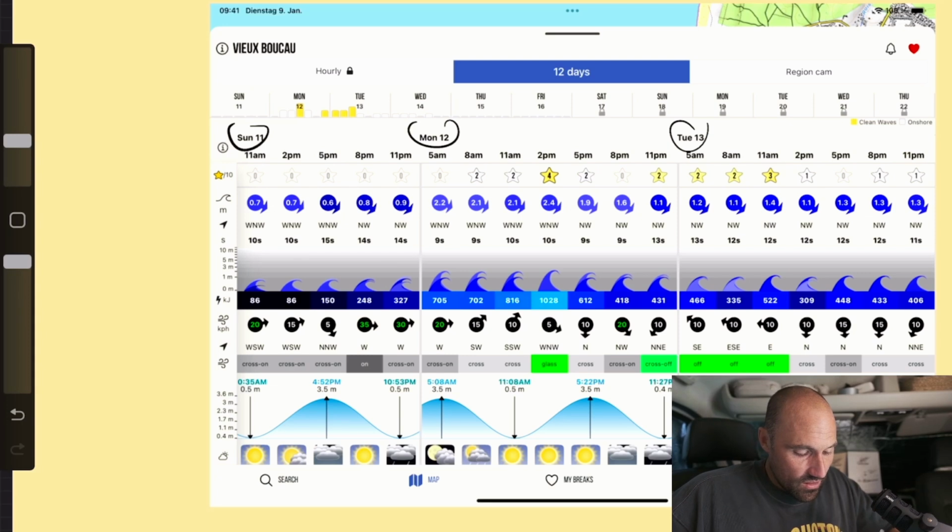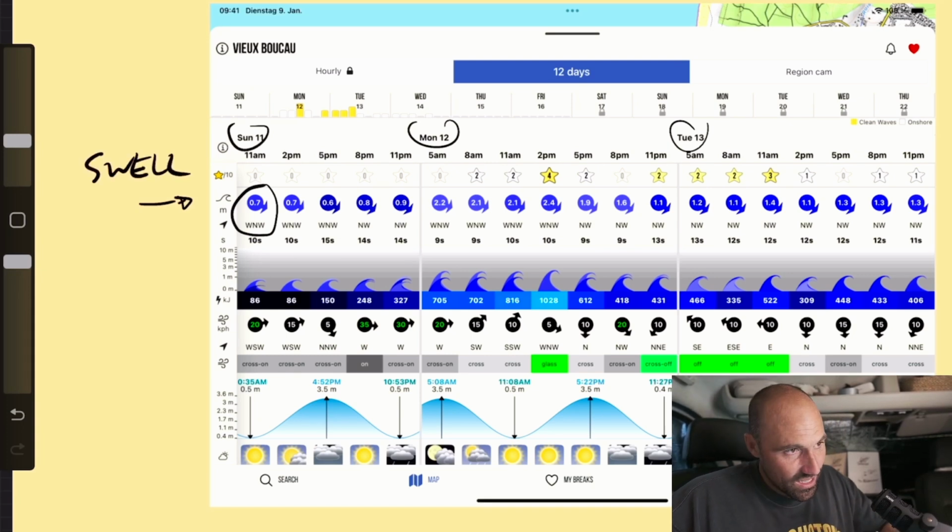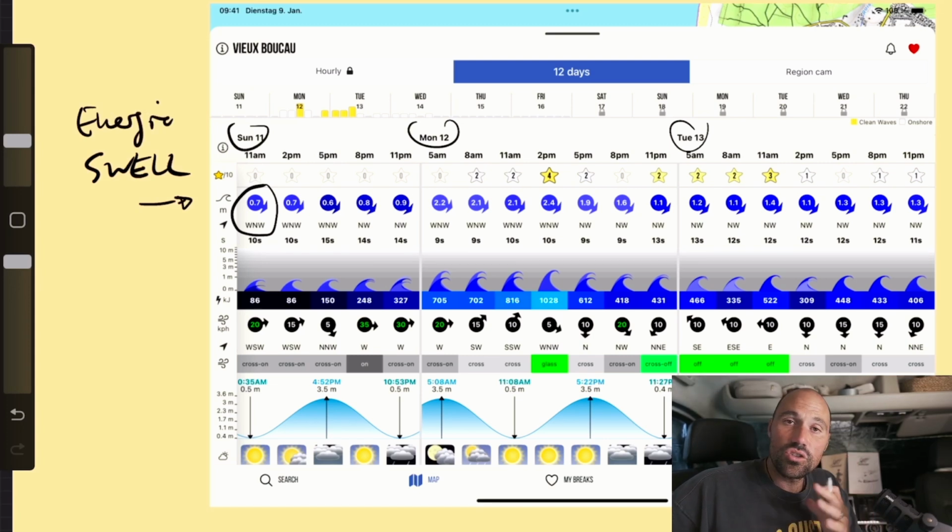Here you have the waves in meters written. Obviously you can also change it to feet, but this is important. This is usually where they predict the swell. Swell is actually the energy of waves which are traveling towards us. So the swell is coming towards us.